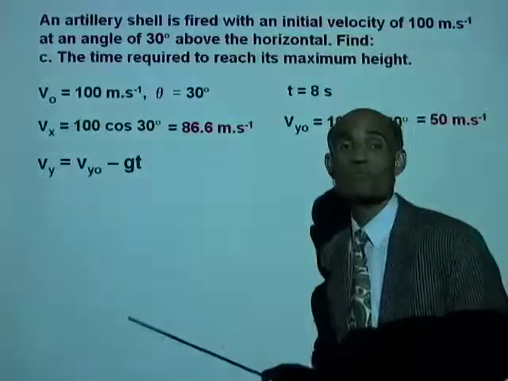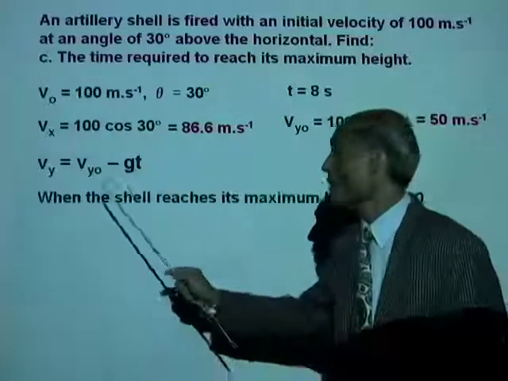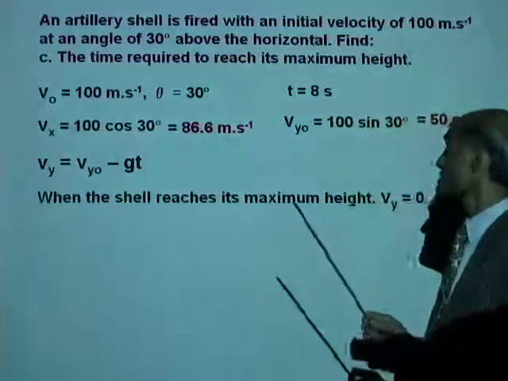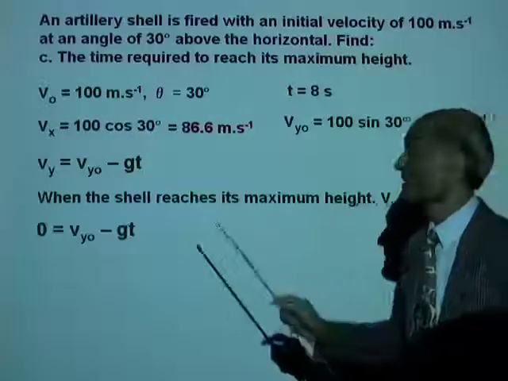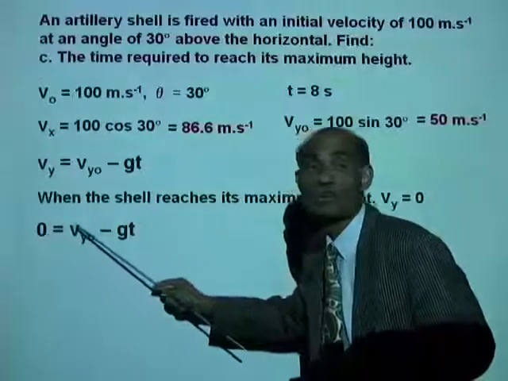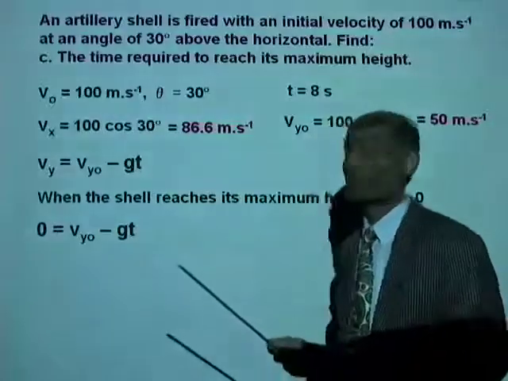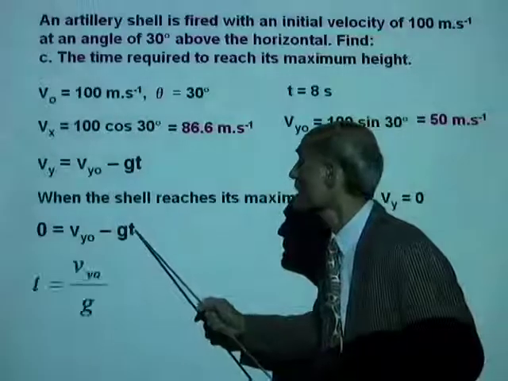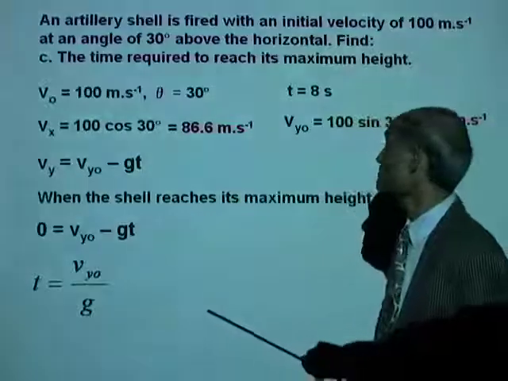Vy equals Vy0 minus gt. Now, when the shell reaches its maximum height, Vy equals 0. That means we set this equal to 0, that is 0 equals Vy0 minus gt, and therefore t equals Vy0 divided by g.